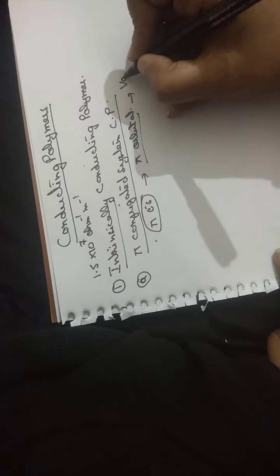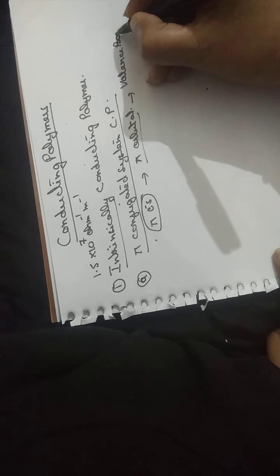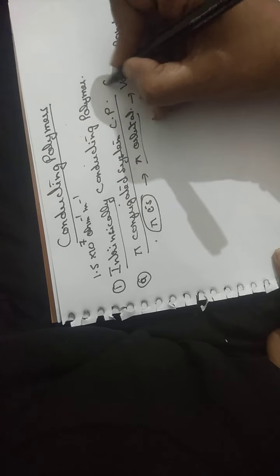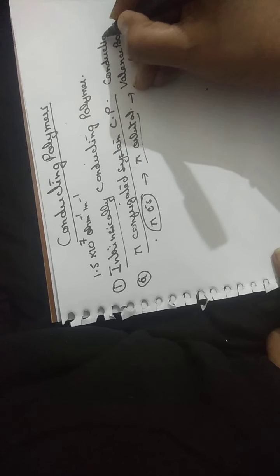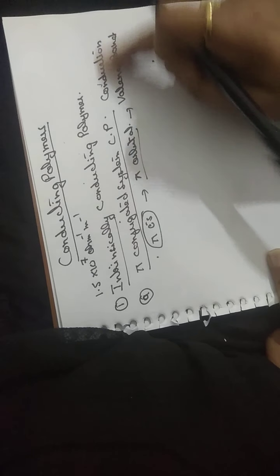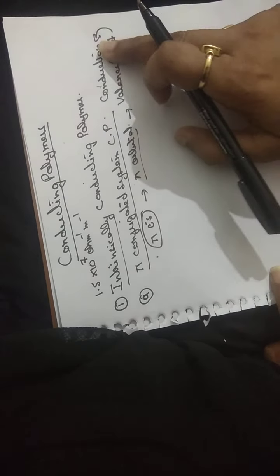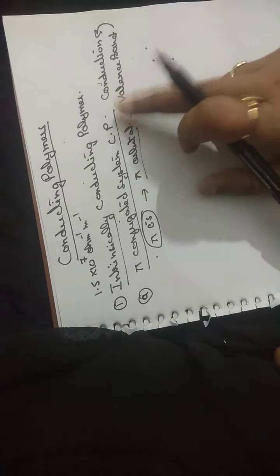These pi orbitals undergo overlapping, and we get a valence band, which is a lower band, and above that a conduction band. Because of the formation of these two bands, the valence band is completely filled or half filled, and the conduction band is half filled or empty. If we provide energy, the electrons can move from the valence to the conduction band, and as the electrons start moving, the polymer starts conducting electricity. So this is the pi conjugated system conducting polymer.